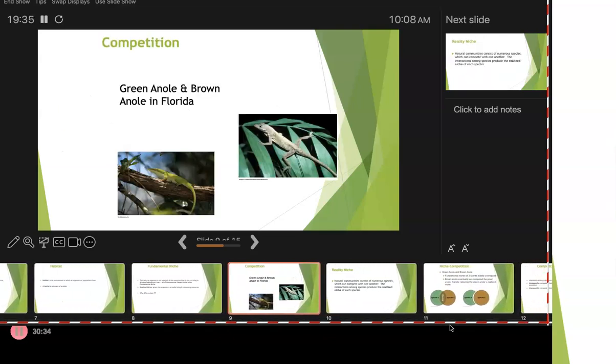Every year I say I'm going to look this up before we talk about it, and I leave the classroom, and if I do Google it real quick, I promptly forget and don't put more about it in the slides. Your textbook talks about these guys, and they do compete for environmental space. Again, you could argue gray squirrel and red squirrel, something a little more localized.